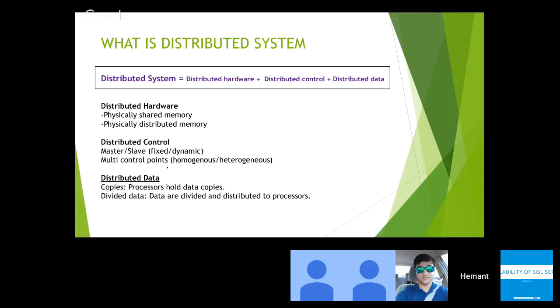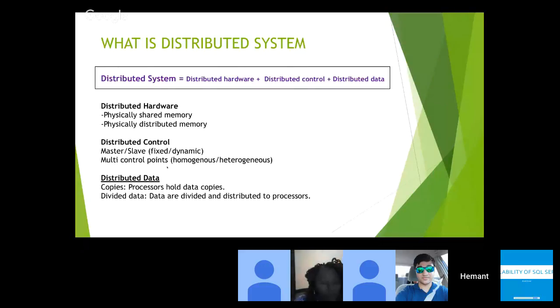And then how the distributed data is handled in those scenarios: whether we copy the whole data to the processor, and this processor is not the computer processor, the processor is the node which is supposed to work on that data. Whether we copy it to the processor, or let it remain with the source and the processor just works on it, or we divide the data among the processors into smaller chunks so that it can be transferred there.